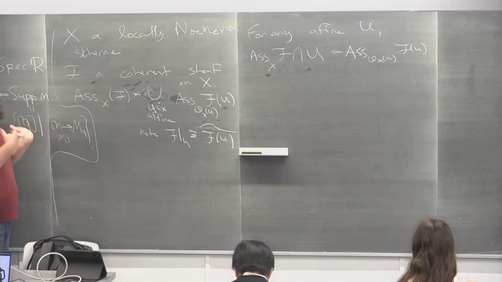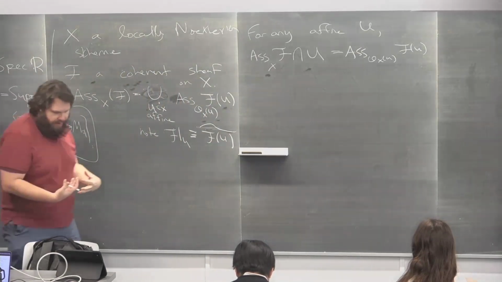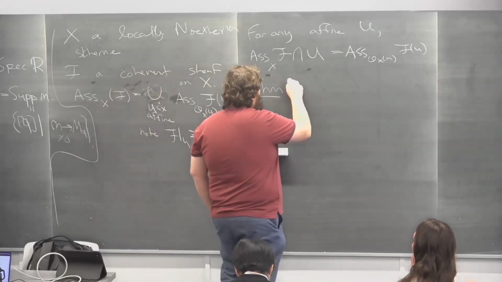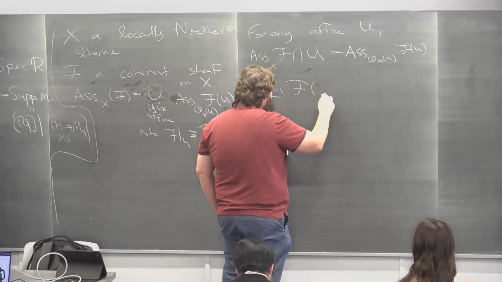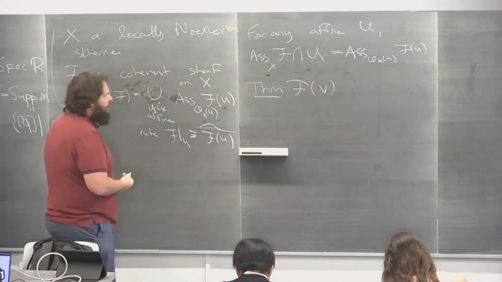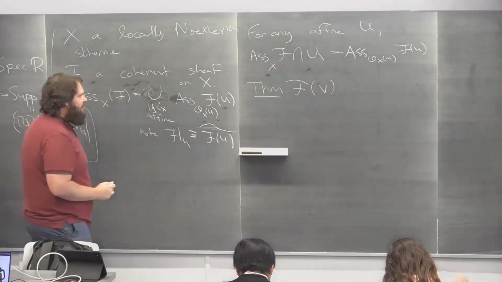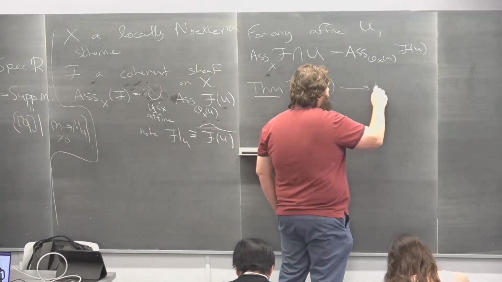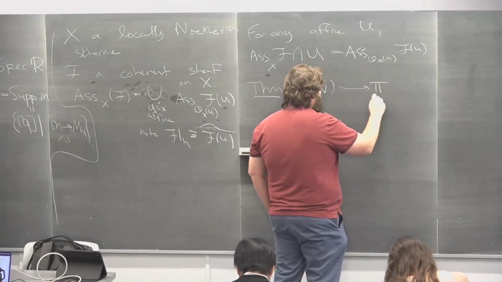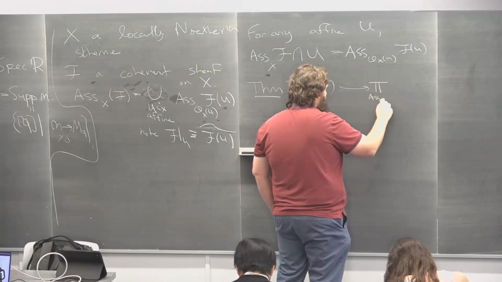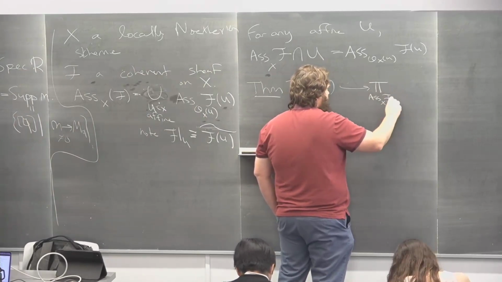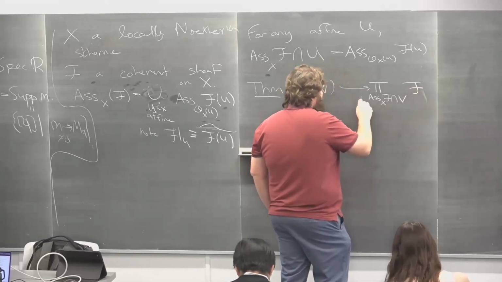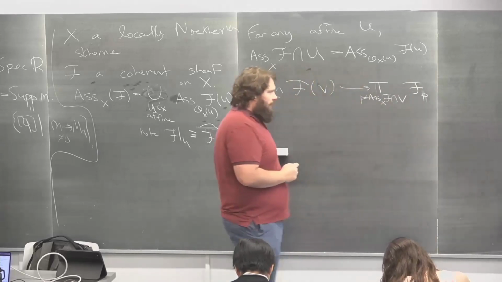So these are essentially the points that control the sheaf. One nice way to think about this is that if I take the sections of F on any open subset, let me call this V because I've been using U for an open affine, and I want to emphasize that this is not necessarily affine, then there's a map to the product over the associated points in X of F, intersected with V, of the stalks at these associated points.